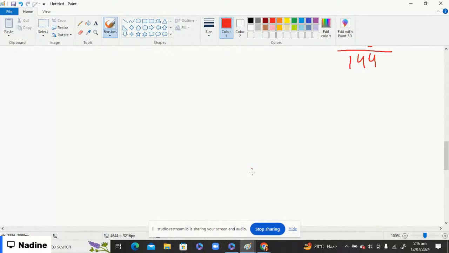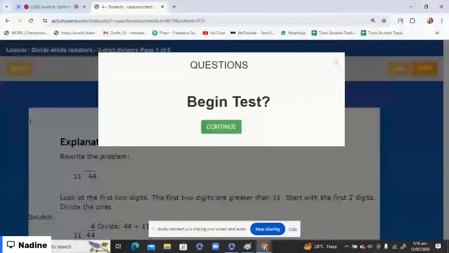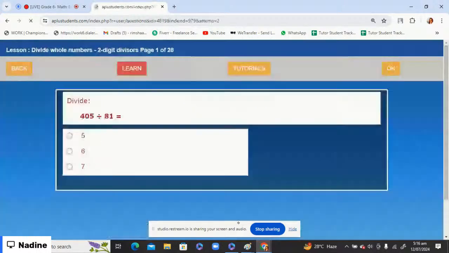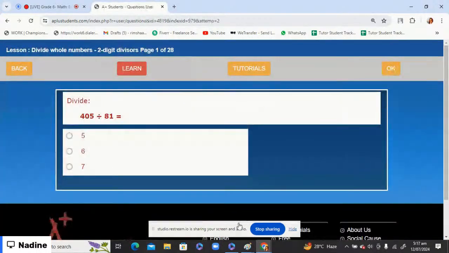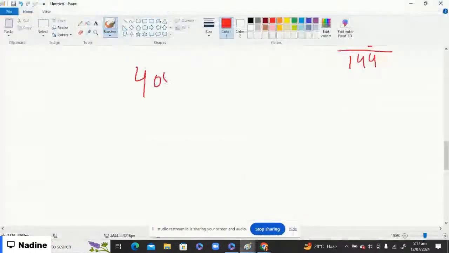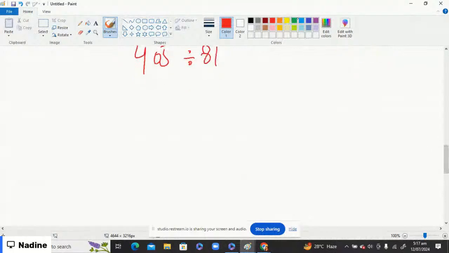Let's do some test questions. 405 divided by 81. Okay, everyone solve this question. Then tell me the answer. 405 divided by 81. Do it, everyone.